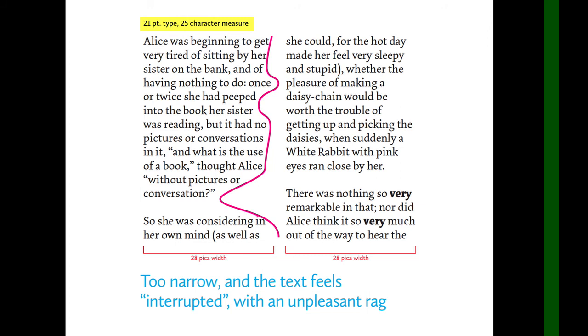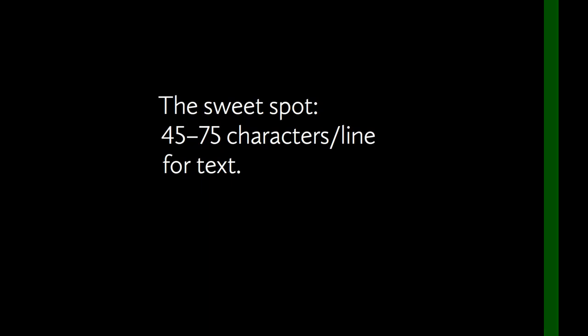And you can see just how choppy it is and what an uneven, unpleasant rag we have. On the left column, that magenta line is to show how all over the place our rag is, and it's just not nice.